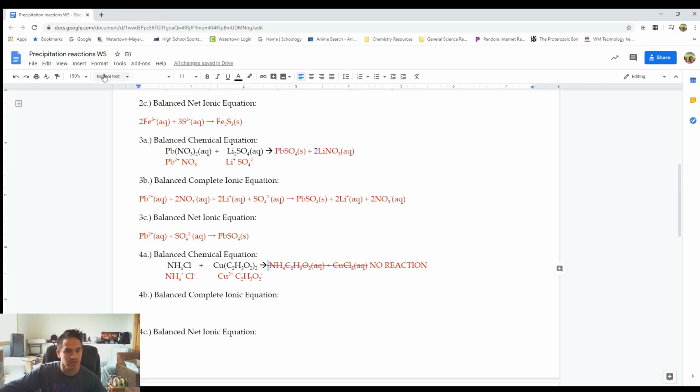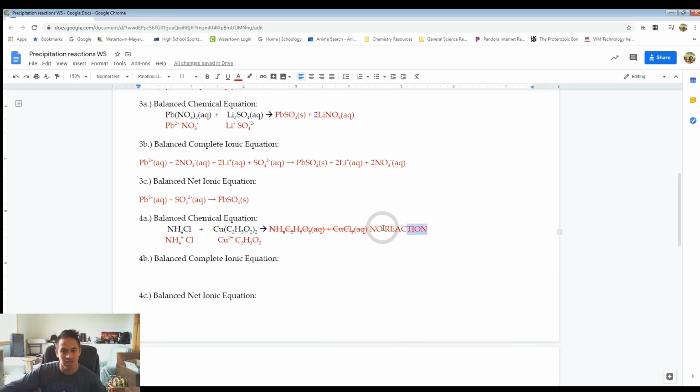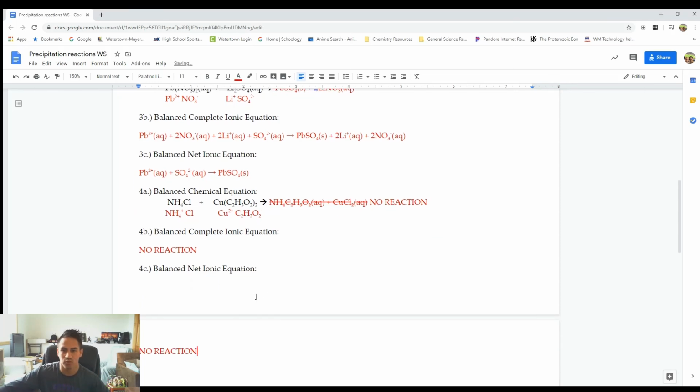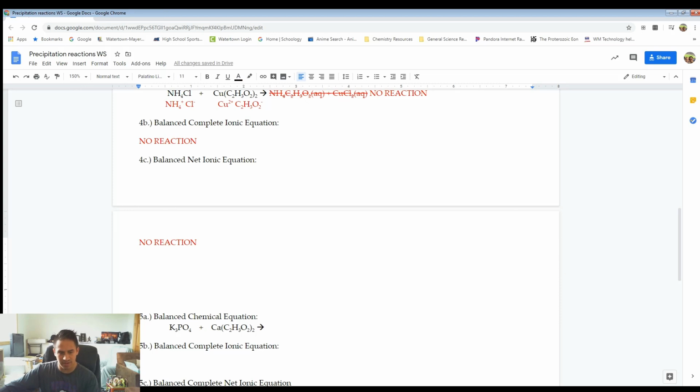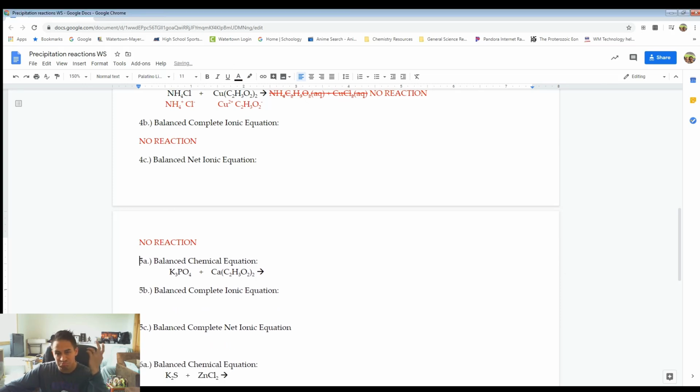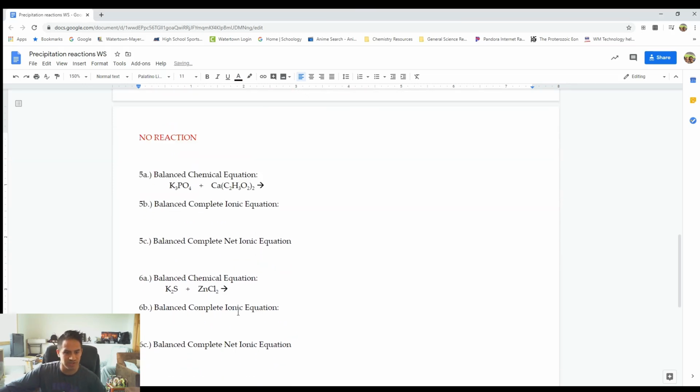You write out all this stuff and then you go check it and you realize none of it happens, so there's no reaction, which means what do we do for the balanced complete ionic? Nothing, because there's no reaction. And what do we do for the net ionic? Nothing. There's no reaction. Okay? All right. So for number 4, pretty easy one, because no reaction takes place.